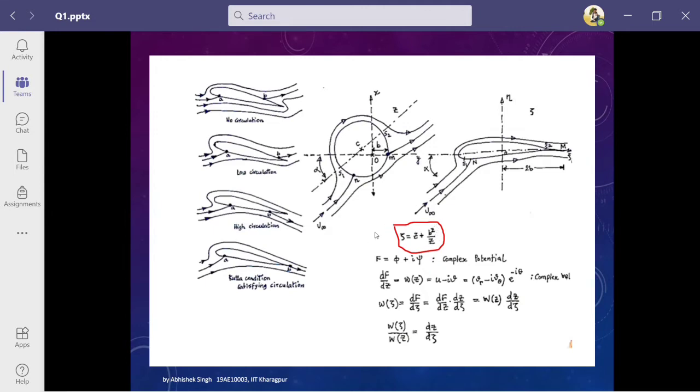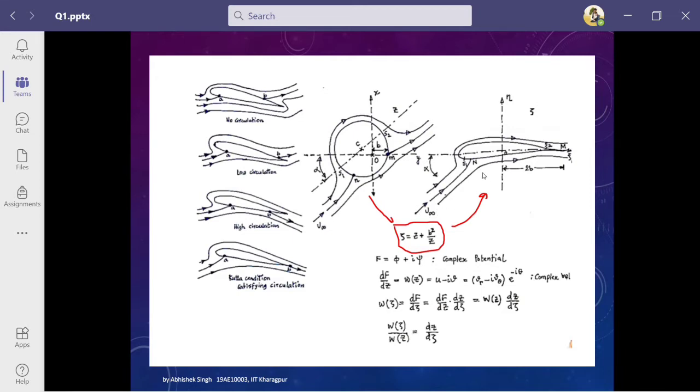We use this transformation to get this type of flow over an airfoil from this generating cylinder. Considering it as a generating cylinder, from this potential flow we can get this transformation, which we call the conformal transformation or Zhukovsky transformation.